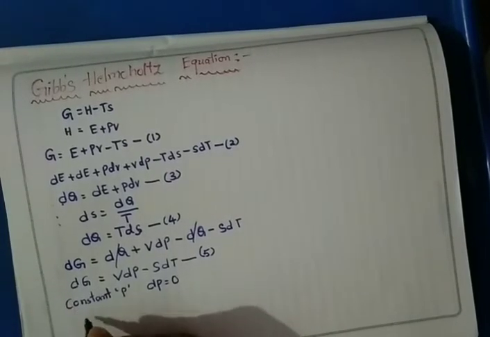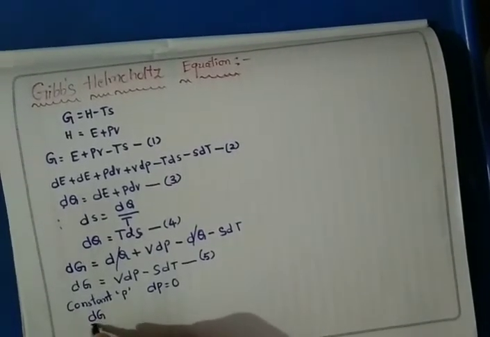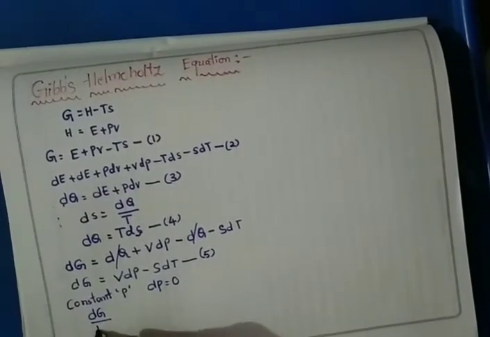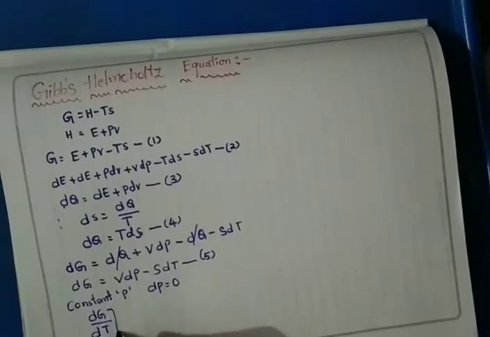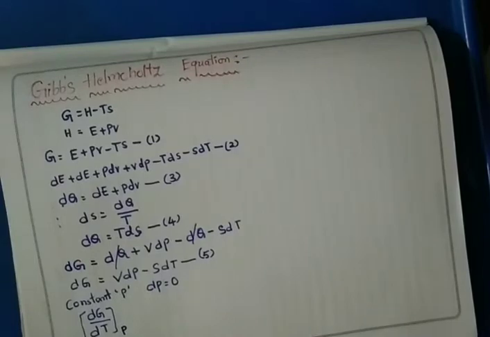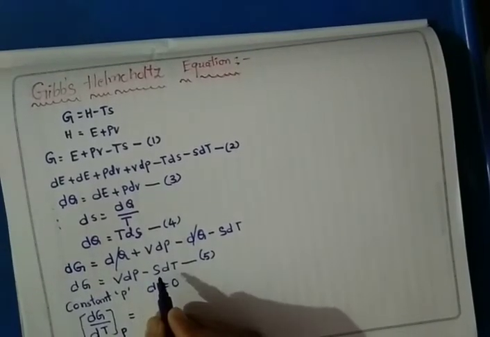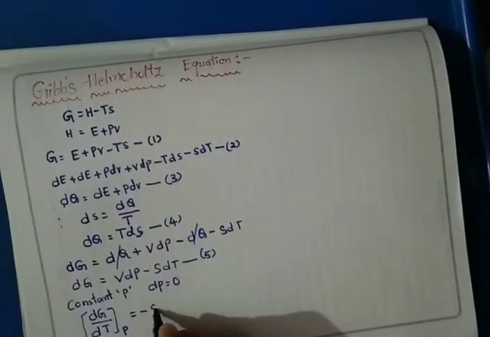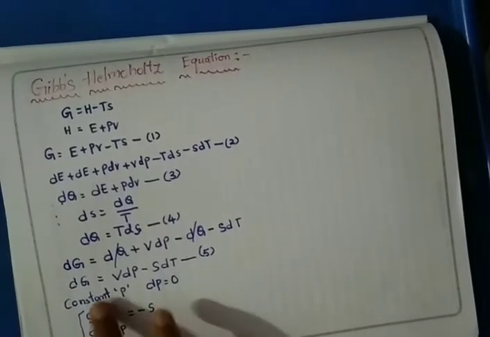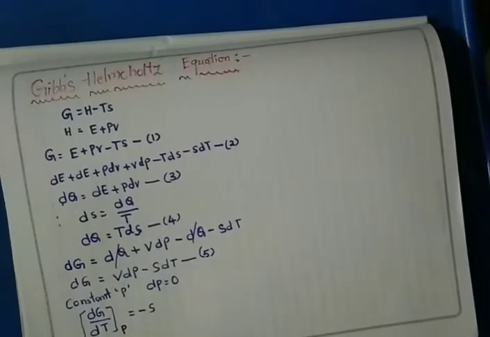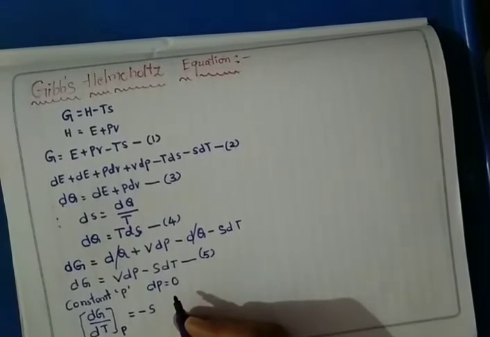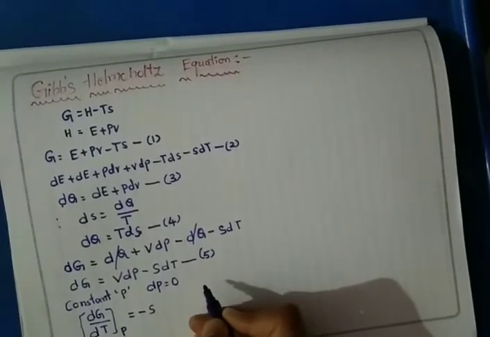So in this, dG by dT, with the bracket at constant P, is equal to minus S. So we take this as the sixth equation.